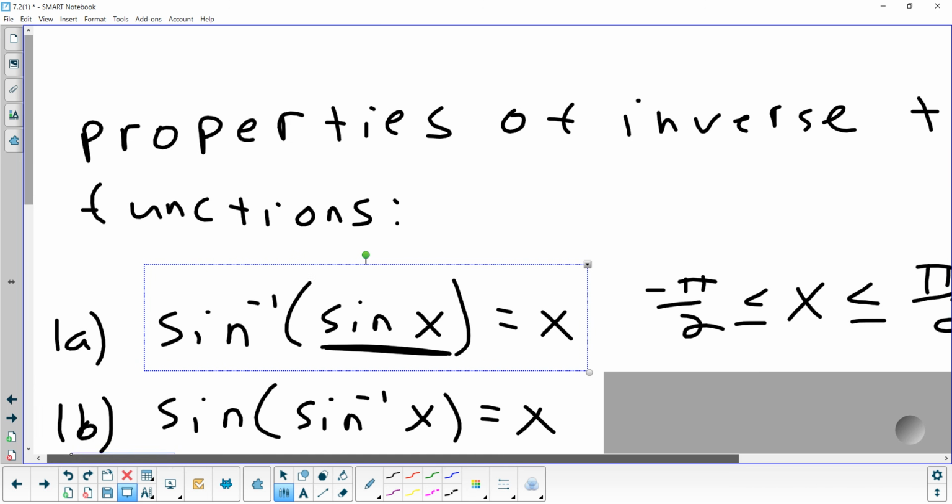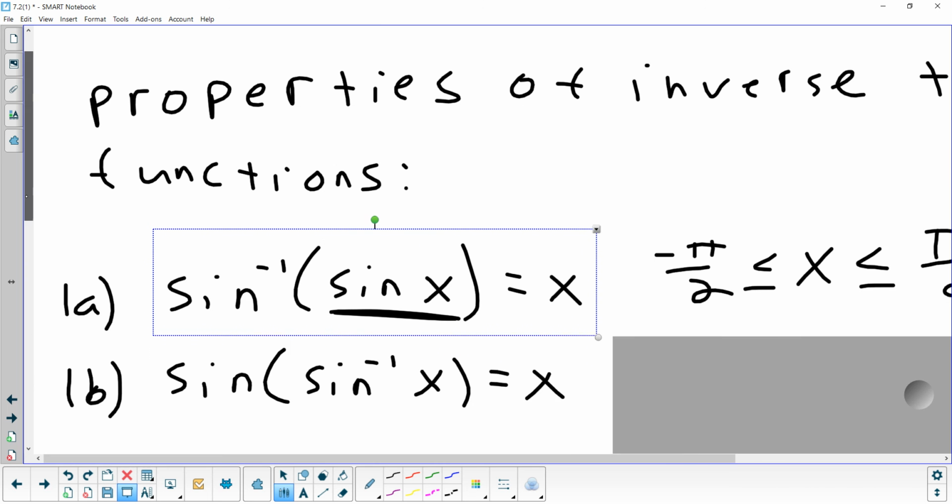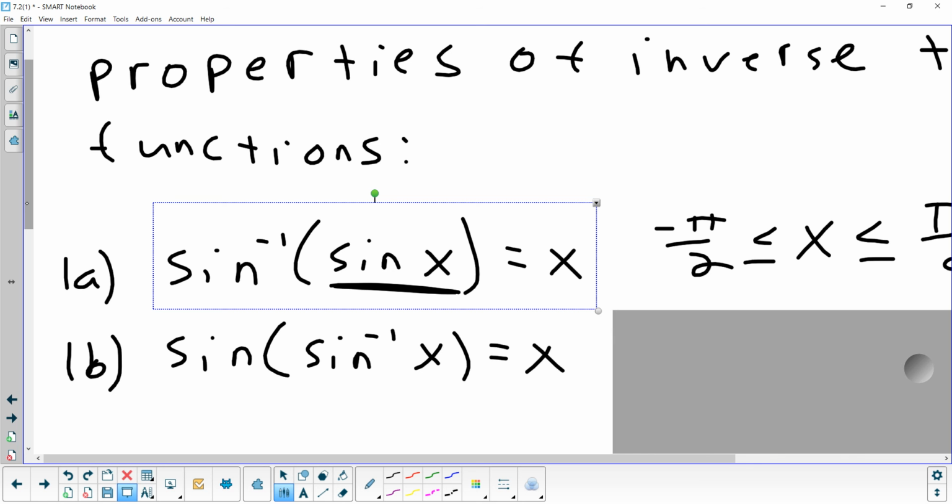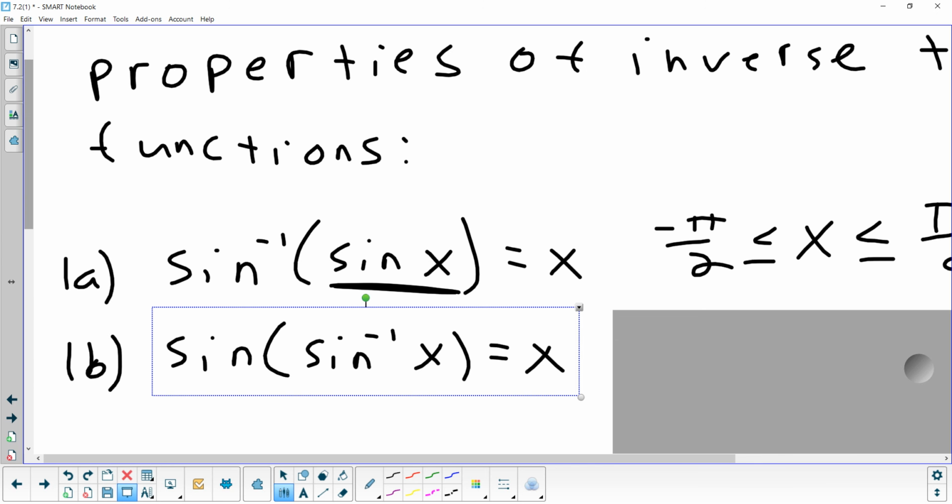And now the formula right below it just switches the order you do it in. The sine of the inverse sine will cancel each other out, and what you get will be what you typed in, as long as you type in something between. Now look at that inside function.